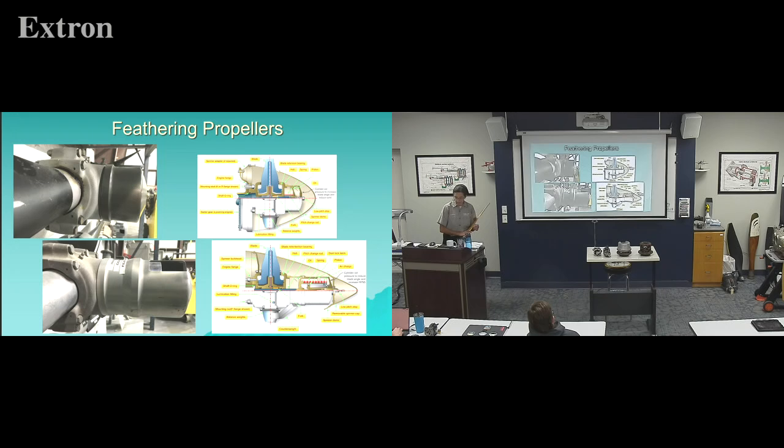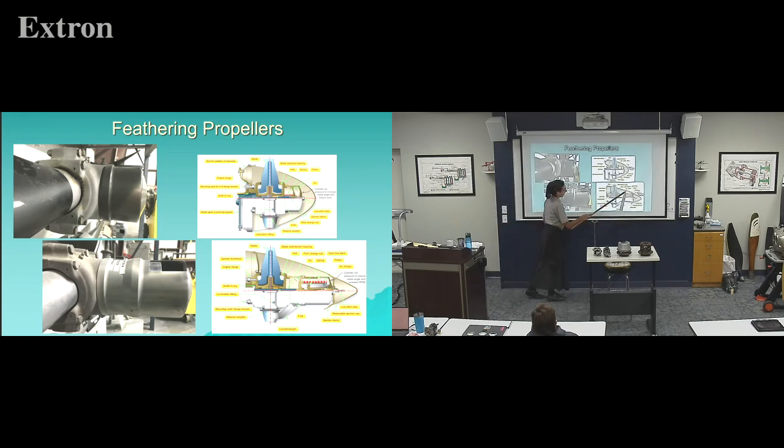So one of the things, there was some discussion yesterday of, well, why don't we make all constant speed props feathering? Well, this is a contrast between just a regular constant speed prop hub and a featherable hub, which I took off the mock-up board so you can actually go look at them and compare them.